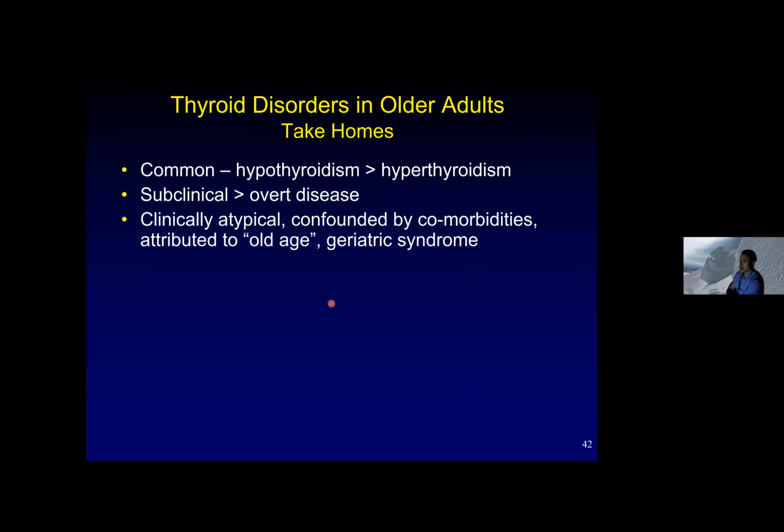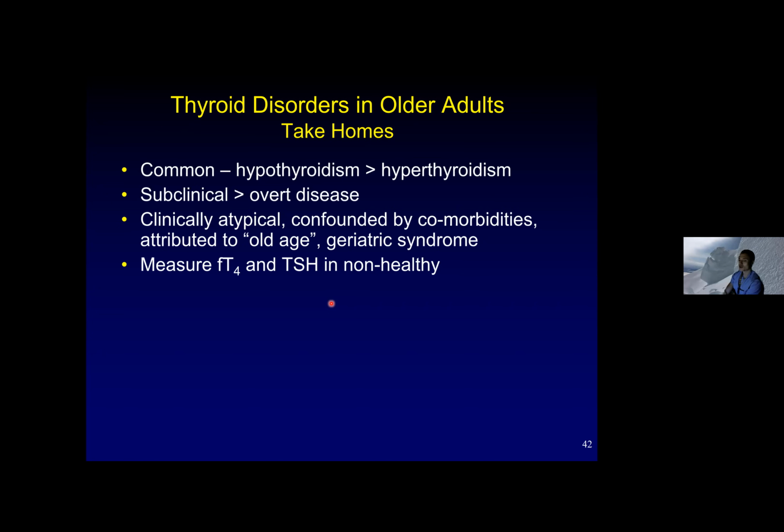We have to understand that because our older patients have multiple comorbidities, the clinical picture may be different, may be confounded and attributed to old age. And so we need to have a higher level of suspicion when we're evaluating these patients.